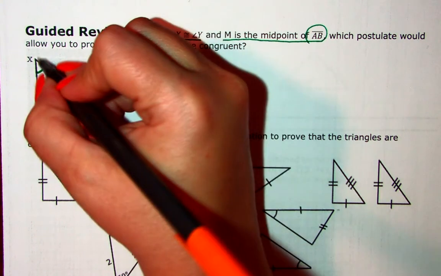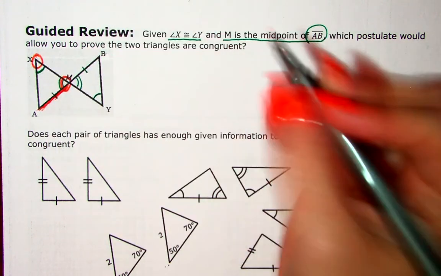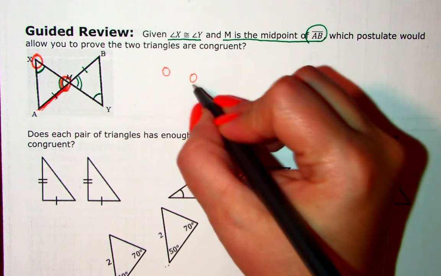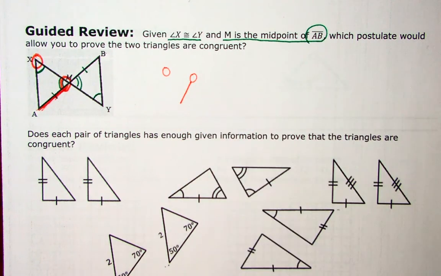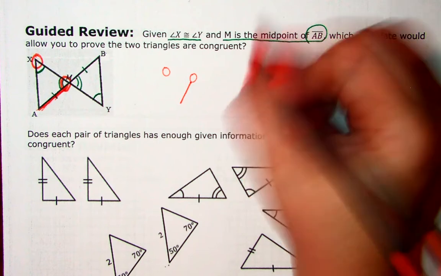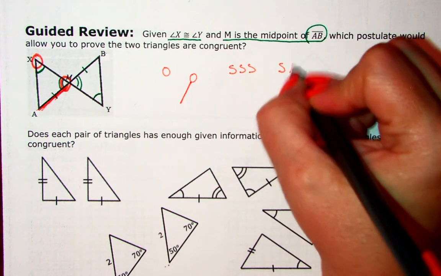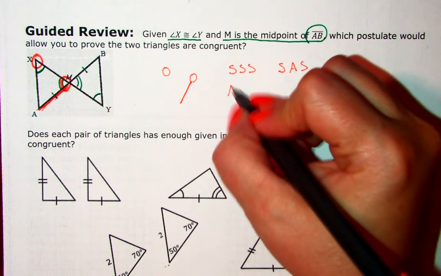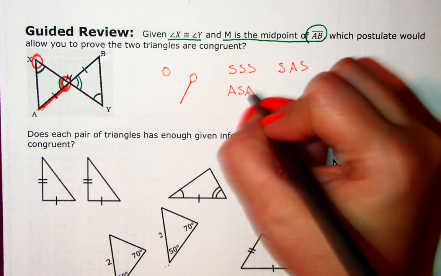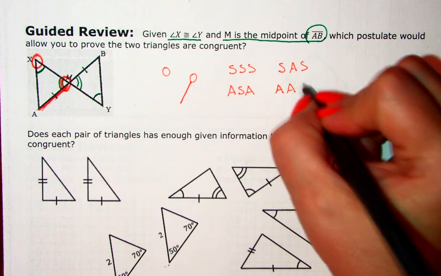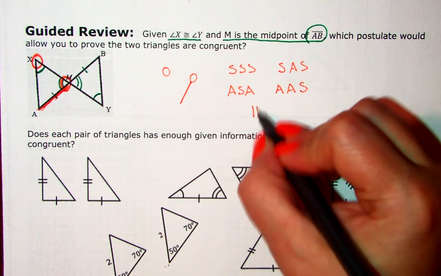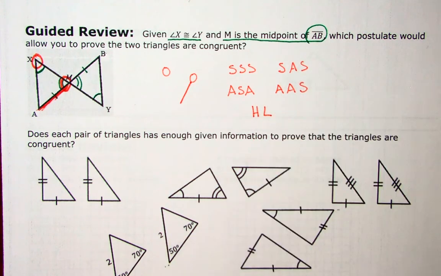I have an angle here. And I have an angle here. So I have two angles and one side that's coming off of it. So when I look at my congruent statements, side, side, side, side, angle, side, angle, side, angle, angle, angle, side, and the special one, hypotenuse leg.